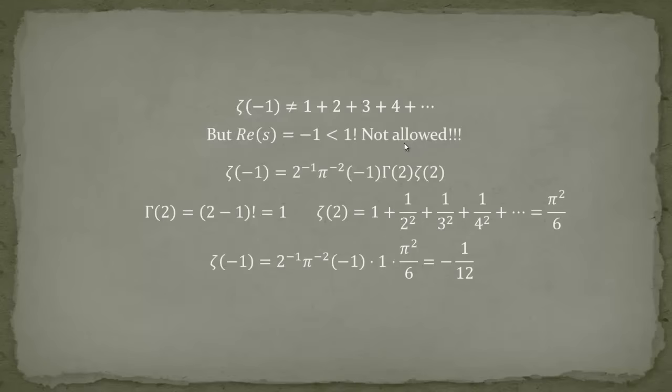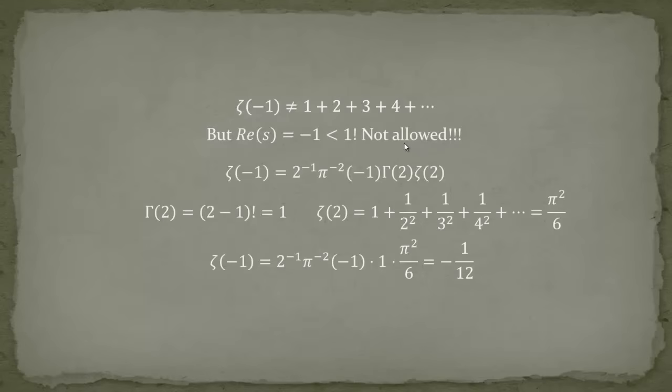I'm pretty sure that they actually know that this is not true, but they wanted to make it more special and look more magical, because it is absolutely non-intuitive to say something like this. What you should know is that this is actually not true, that minus 1 over 12 is not equal to 1 plus 2 plus 3 plus 4 and so forth.